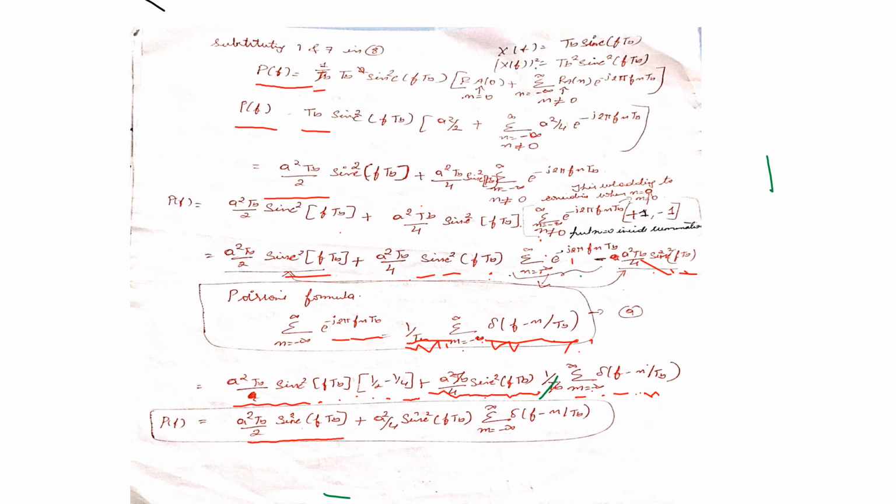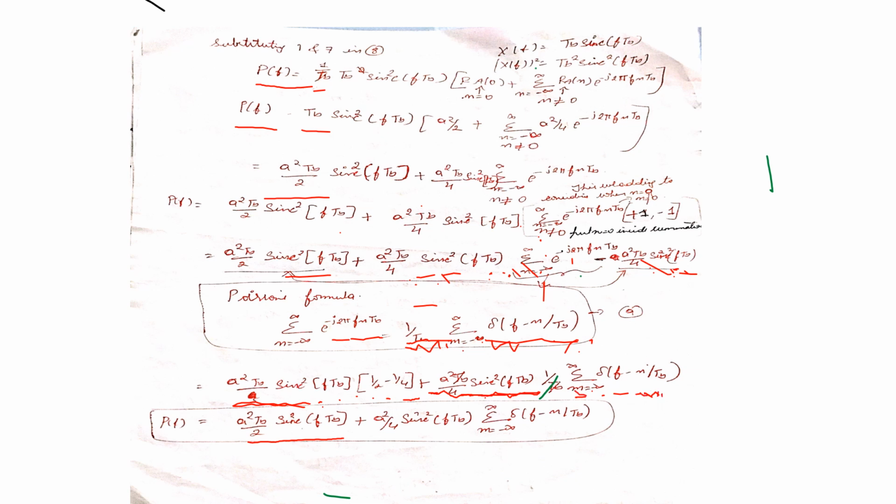See here. When you add and subtract, you are going to retrieve it as A squared by 2, that is A squared T_b sinc squared f T_b minus A squared T_b sinc squared by 2. So we are going to extract it as A squared T_b by 2 sinc squared f T_b, retaining A squared and sinc squared f T_b, and the autocorrelation function can be related to the delta function.